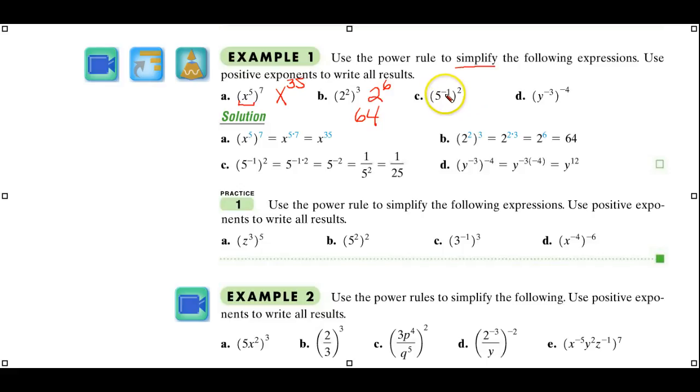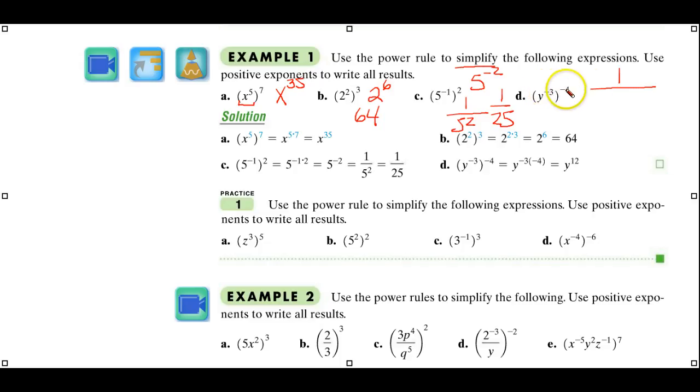Now, again, we're multiplying, so this is going to end up being 5 to the negative 2, that we're going to bring that negative exponent now down to the denominator, and it becomes 5 to the 2nd, which is 1 over 25. And here again, 1 stays in the numerator. Oh, so we're not moving anything here because we follow this rule.